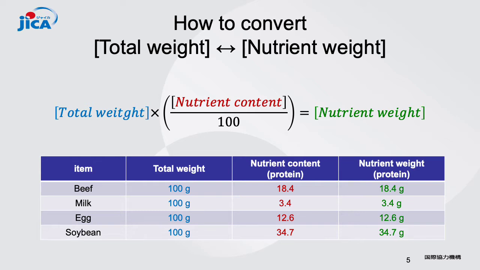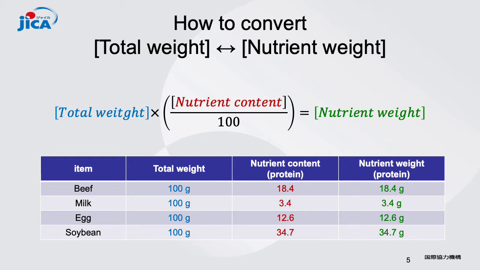Total weight multiplied by nutrient content divided by 100 equals nutrient weight. So if 1 egg is like 50 gram, then you need to get this nutrition content. Then finally you will get a nutrient weight.